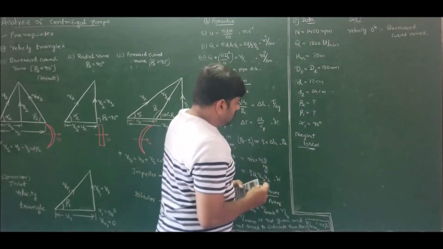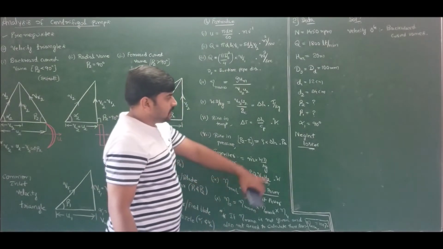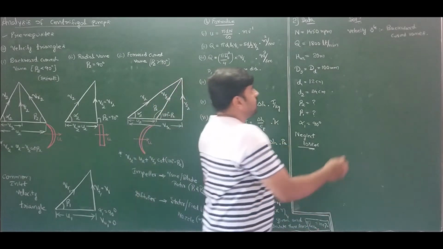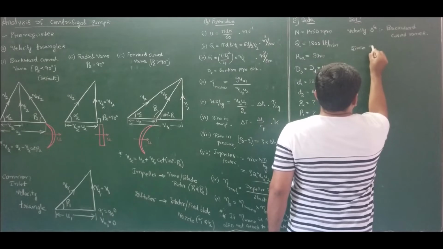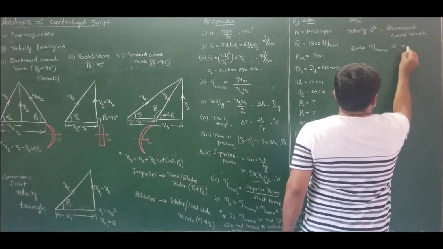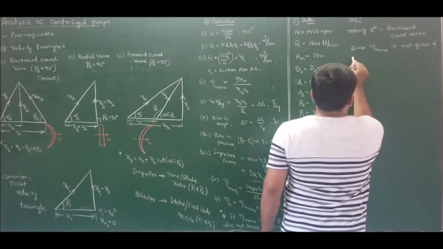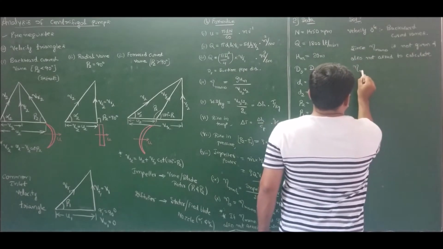Now, he himself has stated that the manometric efficiency should be 100%, which is indirectly stated by using the words neglect the losses. So therefore, since eta mano is not given and also not asked to calculate, take eta mano as 100%.